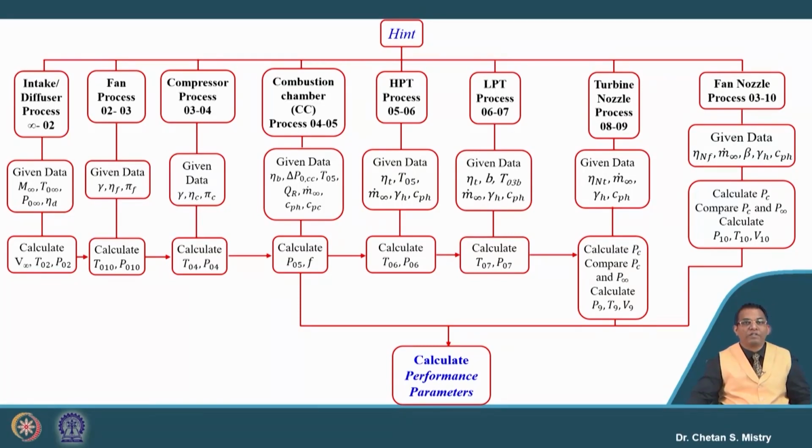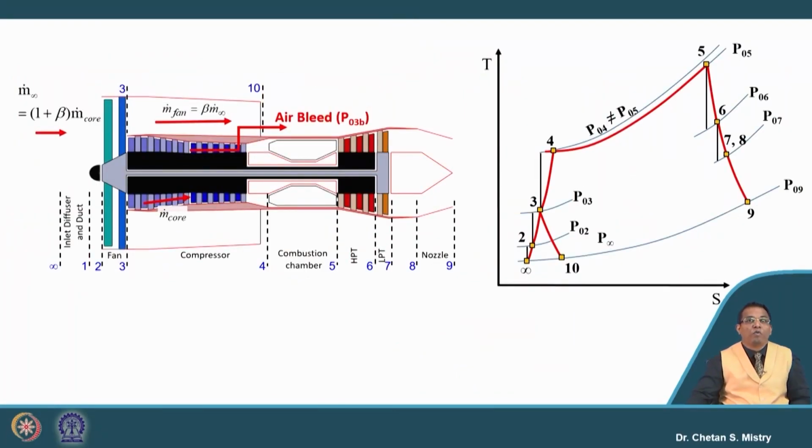So, let us start with the very first component. Before going into the detail, as we have discussed, we first need to make the line diagram. Since the fan pressure ratio and compressor pressure ratio are given, we can say my LP turbine will be running only the fan and the HP turbine will be running all the compressor stages, and at some location we have the air bleed.